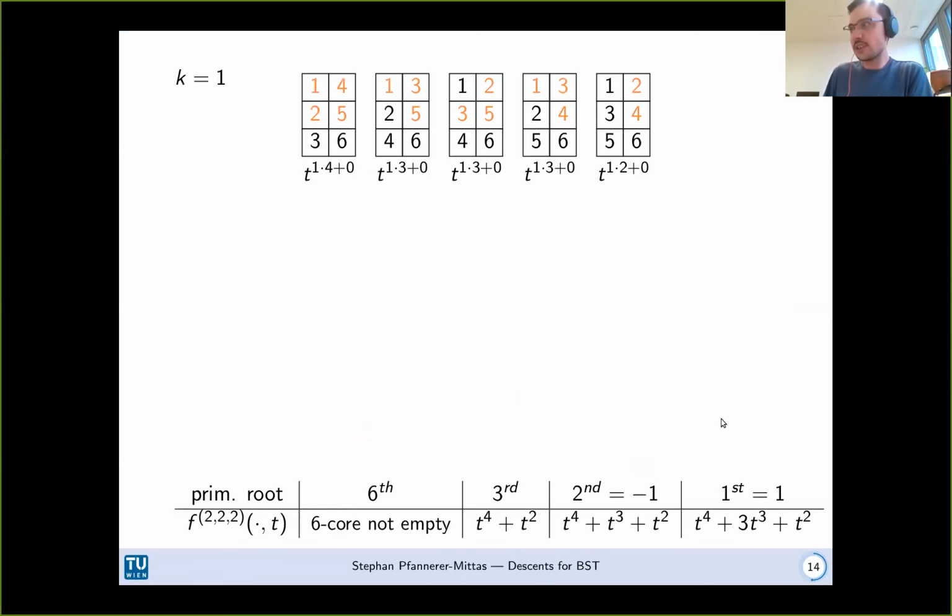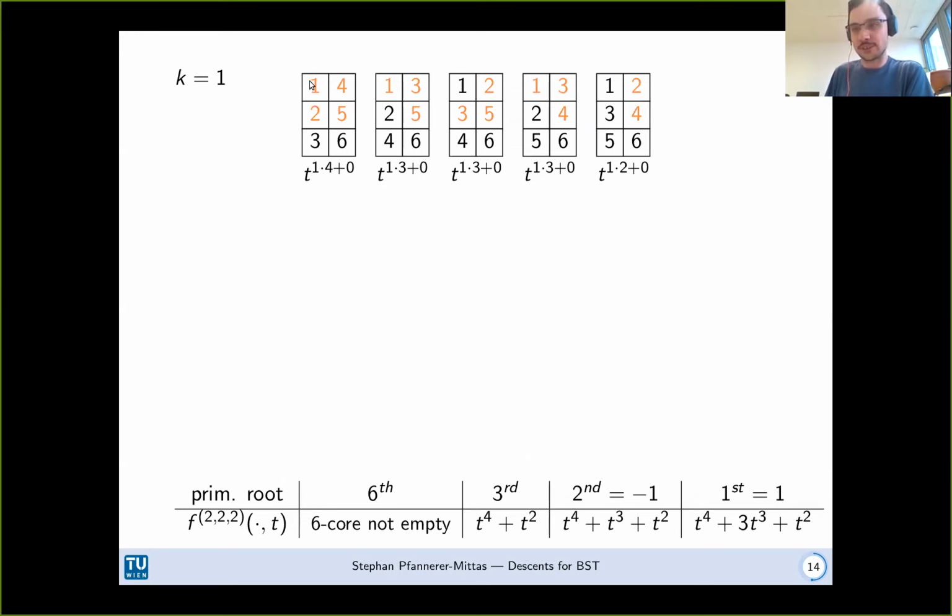Let's go back to the example with the partition 2, 2, 2. So if we look at strip size 1, we get back the standard tableaux. And here you can notice that the definition of descents on standard tableaux and the definition of descents for border strip tableaux with strip size 1 coincide.